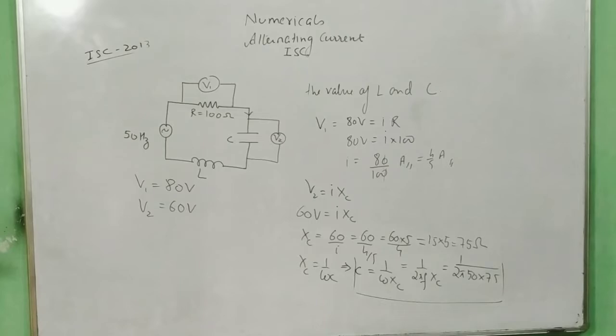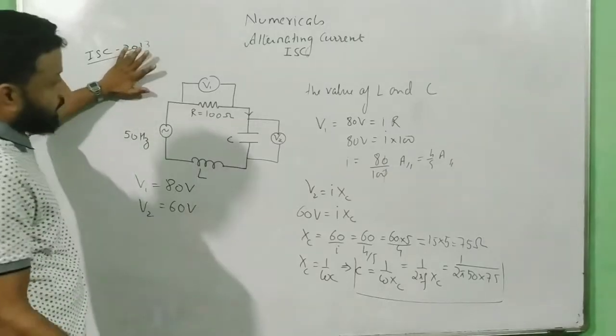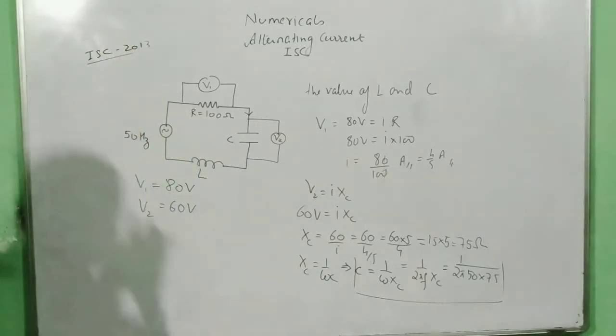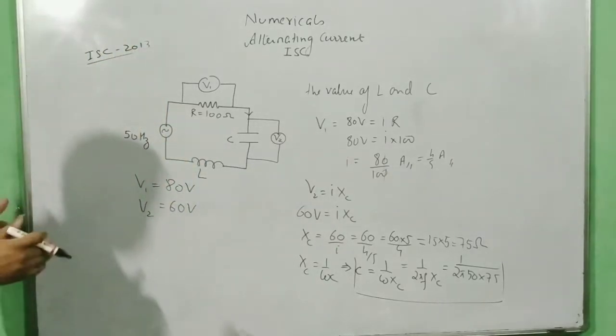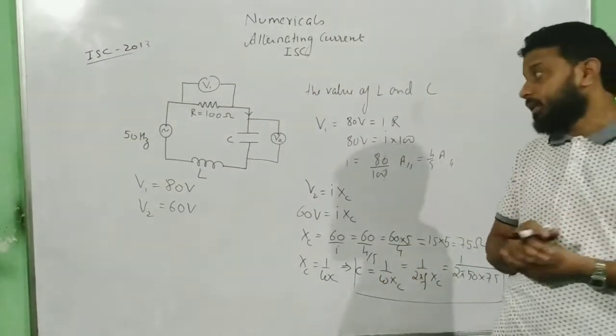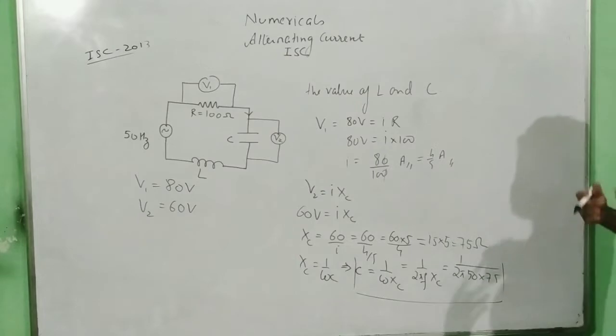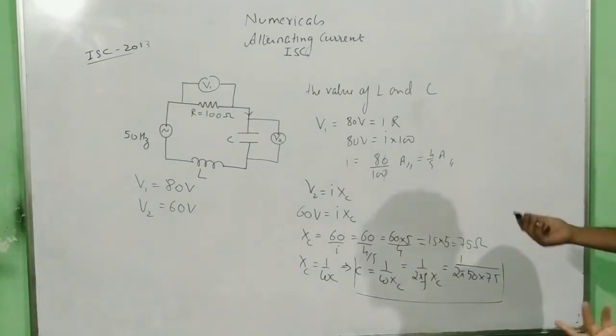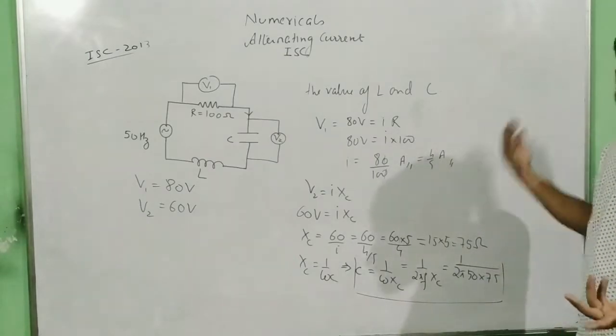Now, after finding the value of C, in the year 2013, they asked you actually to write, at resonance, what is the relationship between the reactance. Okay, so the relationship between the reactance at resonance is XL is equal to XC.